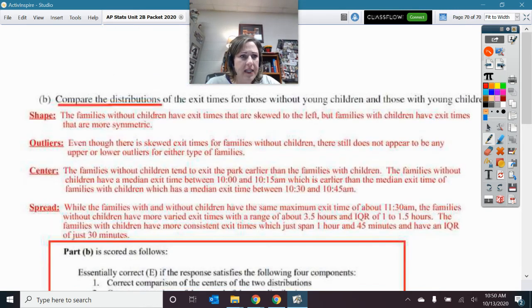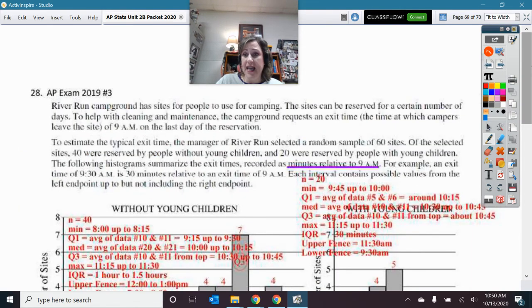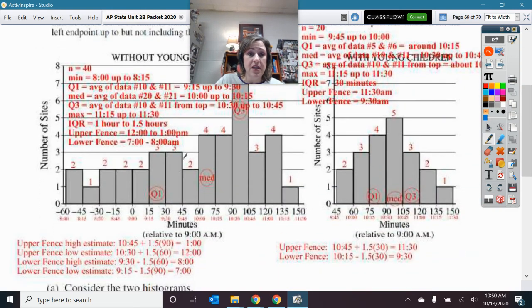All right. Next, compare the distributions. This is where you had to go into all that detail so that I could give specific centers and specific spreads. Shape-wise, I had skewed to the left for the ones without children, and this was somewhat symmetric for the ones with families.